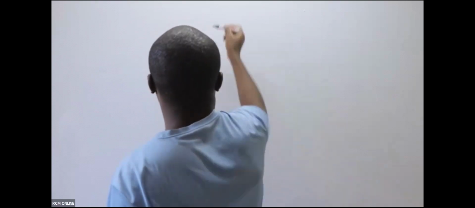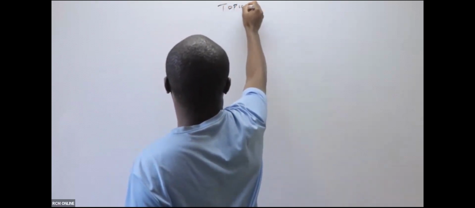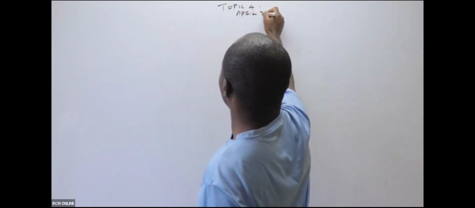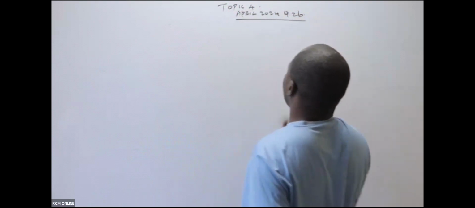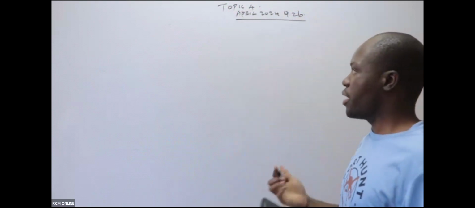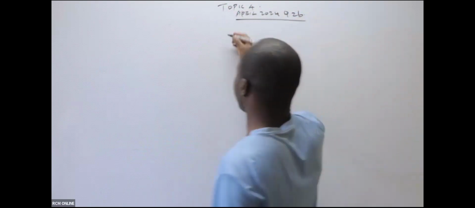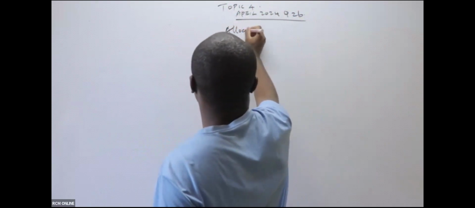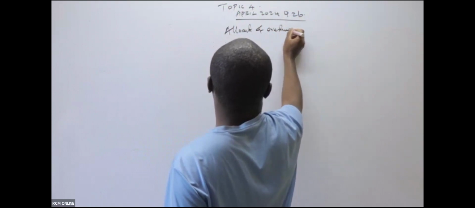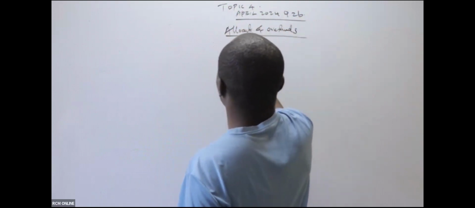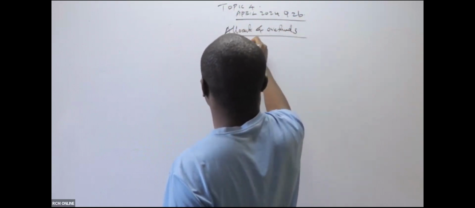The question is from topic number 4. And of course, we are doing April 2024, question number 2b. We are dealing with allocation or reapportionment of overhead. So under allocation of overheads, we'll be able to add number 1, direct allocation.